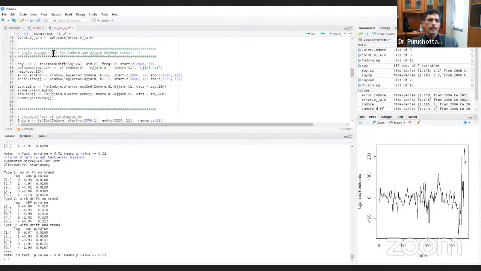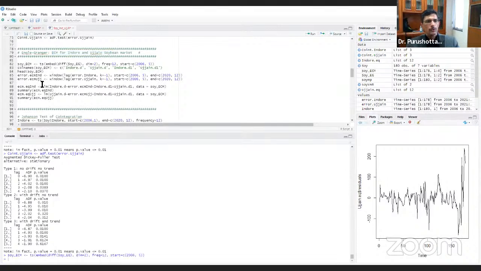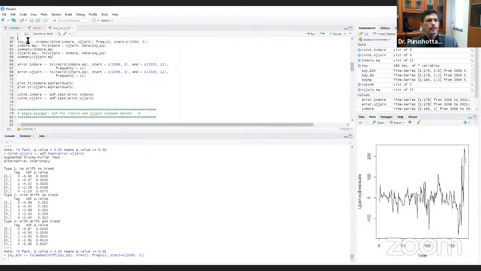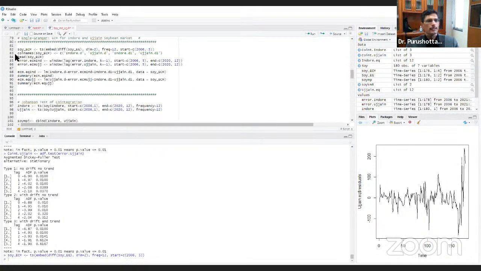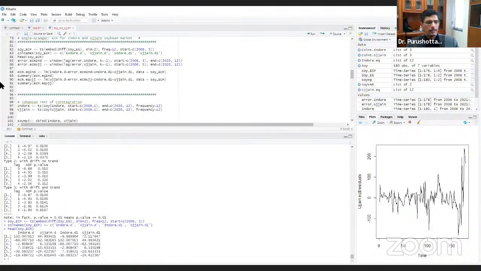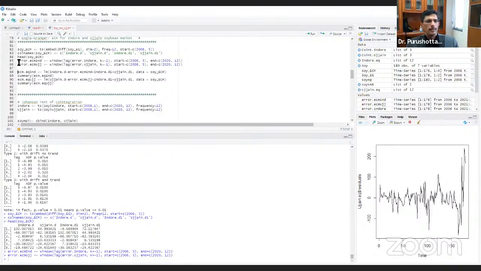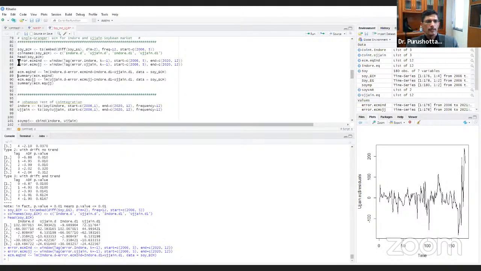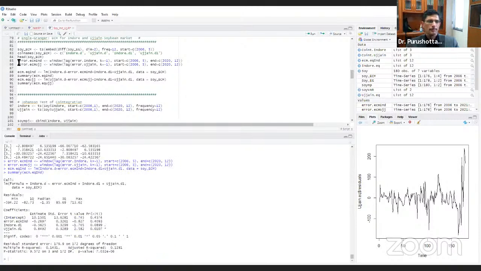We are going to test the Engle-Granger error correction mechanism, whether there exists any error correction in those series. So again, different series we are going to take from this soybean equation that we tested in the data. We are going to give the names, and then these are the data series: Indore difference, Ujjain difference, Indore difference lag, Ujjain difference lag. And then we are going to make the error series, and then test for the error correction mechanism.